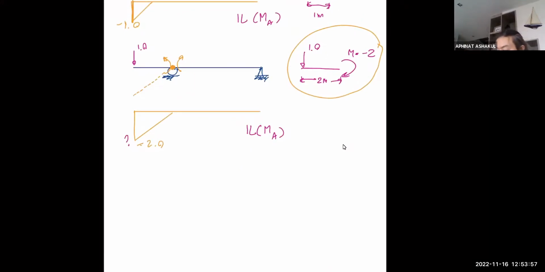You can't have the moment at support B at all when the unit load moves inside because your beam becomes a simple beam. Any question?